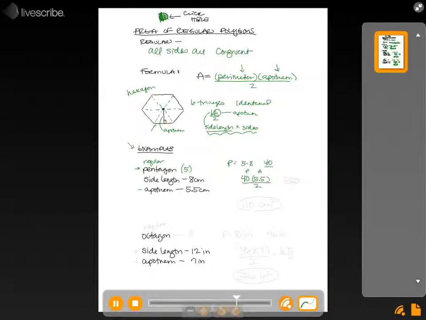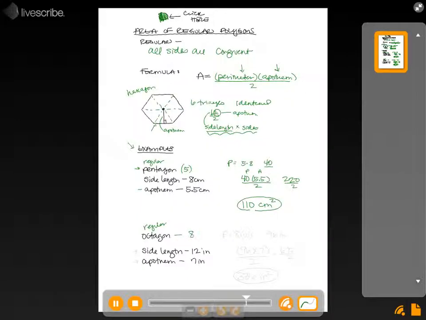We can put this in our calculator. 40 times 5.5 is 220 over 2, which would give us 110. And our label is centimeters, since we're talking about area, centimeters squared. So it's a pretty straightforward, easy formula. First thing you have to do is figure out the perimeter, and then you multiply it by the apothem and divide by 2.